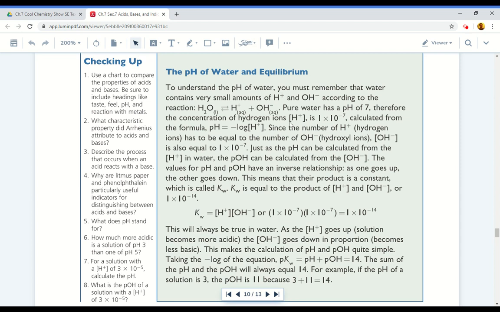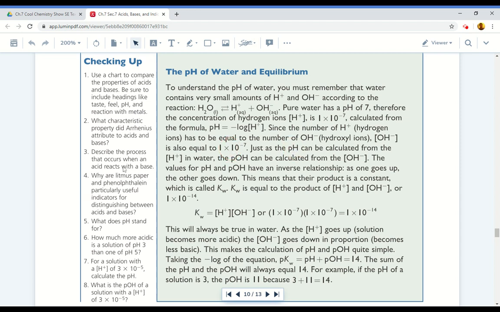Therefore, the concentration of hydrogen ions is 1 times 10 to the negative 7th power, calculated from the formula. Since the number of hydrogen ions has to be equal to the number of hydroxyl ions, then the hydroxyl ion concentration is equal to 1 times 10 to the negative 7th.